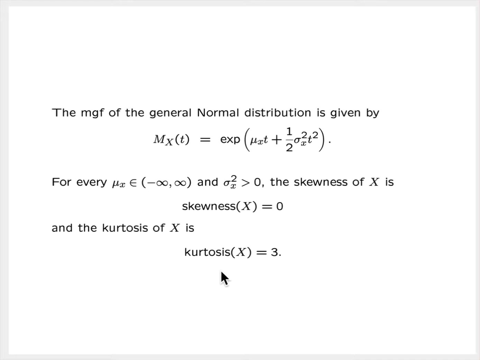For software programs that calculate kurtosis, and I'm using air quotes here, in that way, they're not actually calculating kurtosis. What they're calculating is what is called excess. And what they're calculating is the kurtosis minus 3. So they're calculating what kurtosis as we're calculating, but then they subtract from that 3.